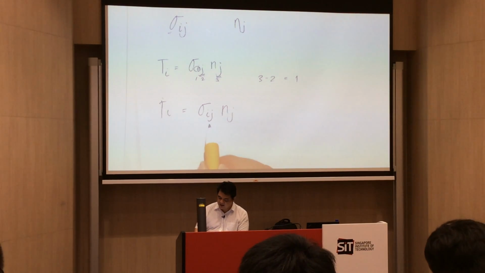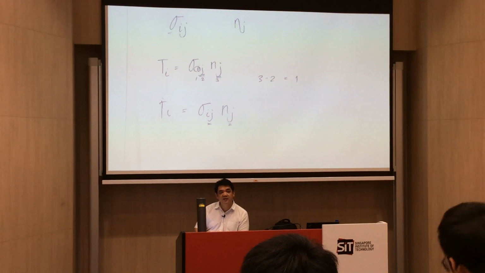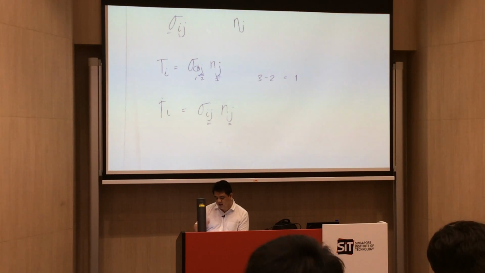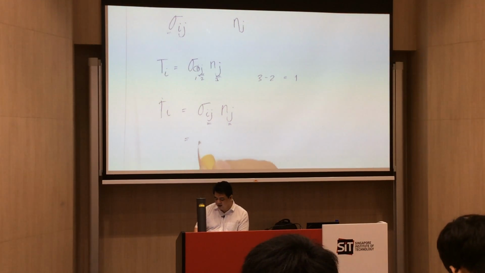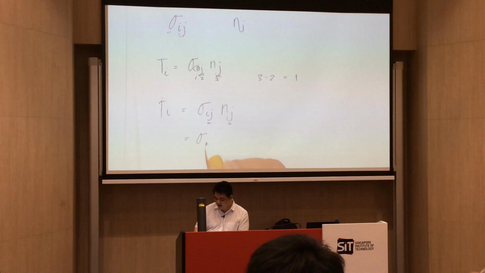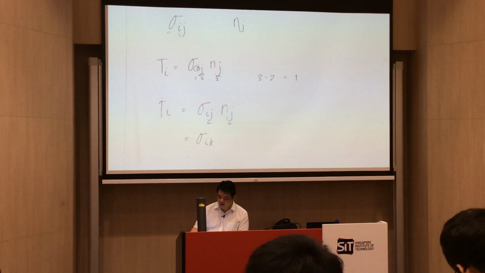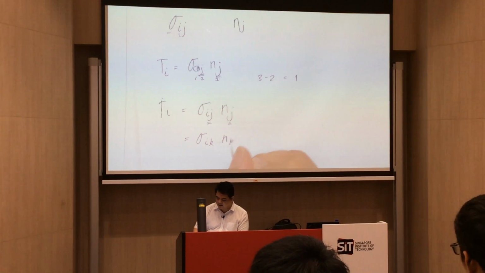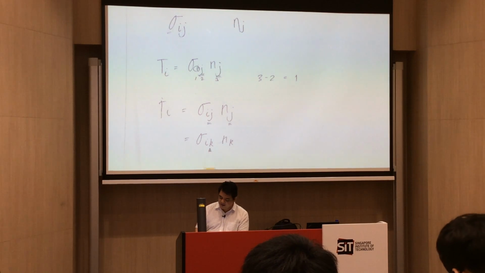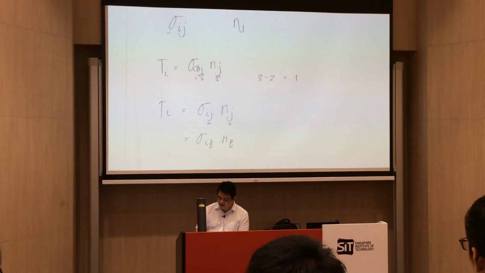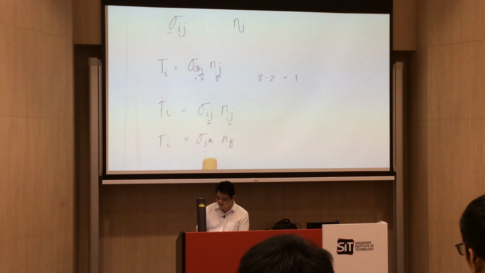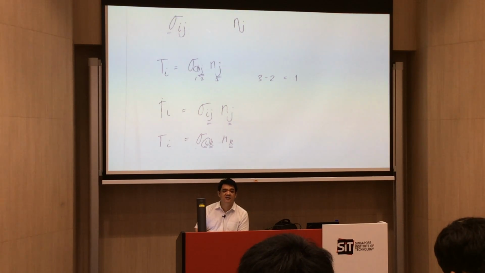So as you can see, this is a dummy variable. It can be any. I can change that to say sigma_ik, and then I can have this one to be n_k. But this one is dummy. So still I end up with a free index i.